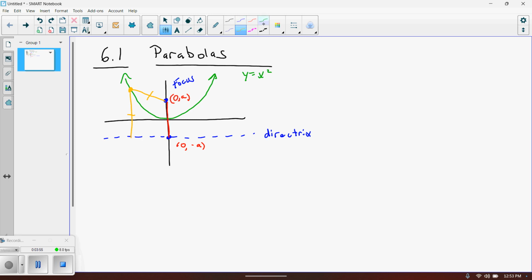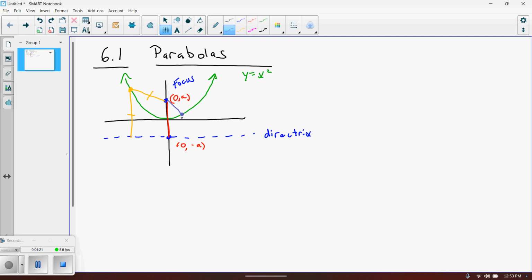And then again, I can come over here, and I can put a point right there. So the distance from the focus to this point is the same distance to that point right there. I am having the hardest time drawing that straight line from the focus to that point.